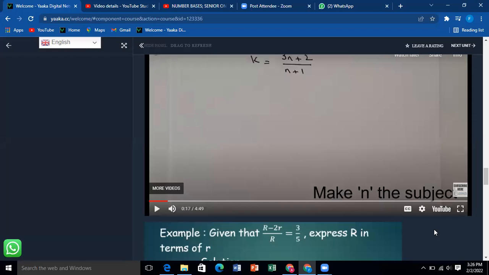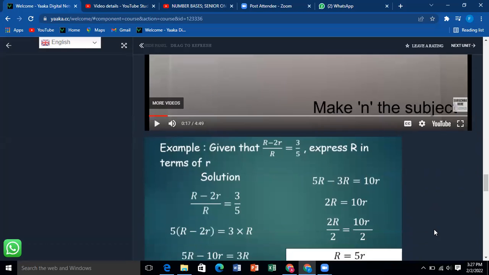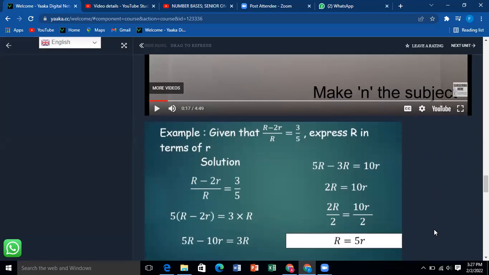So then we can continue and still look at, given that capital R minus 2 small r divided by capital R is equal to 3/5. So we as well need to express capital R in terms of small r.